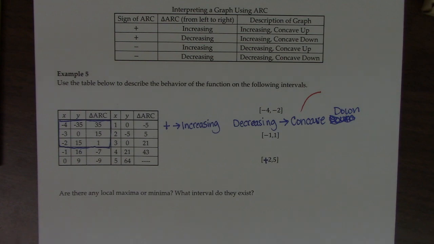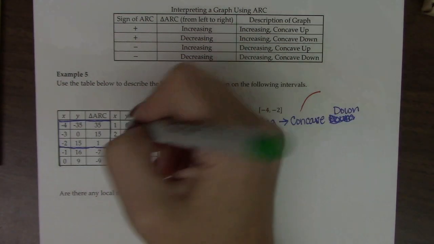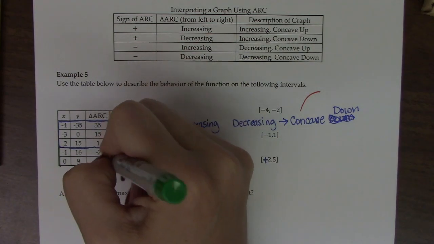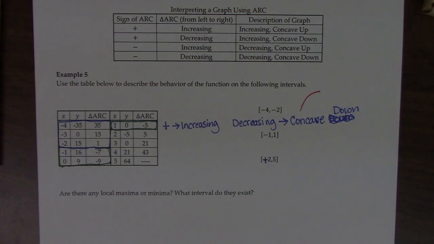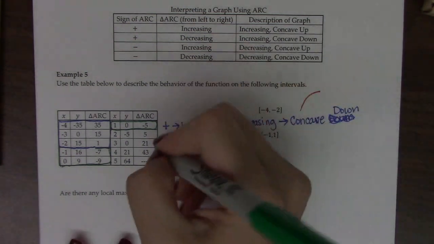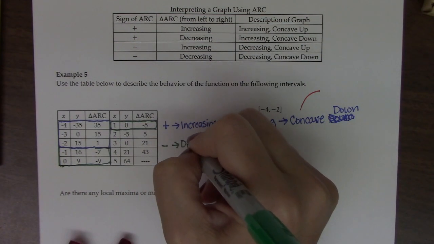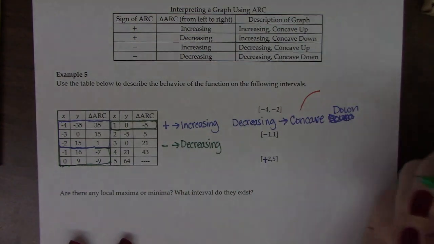So if we look at -1 to 1, I'm going to use a different color here. We're looking at this section of the table. The first part of this is not too bad. All the numbers are negative, so that means the graph is decreasing, the values are falling.